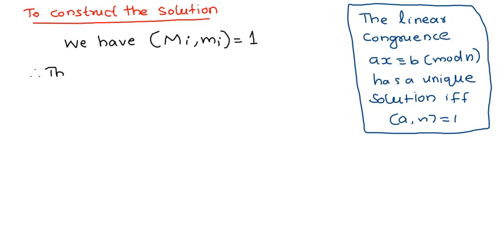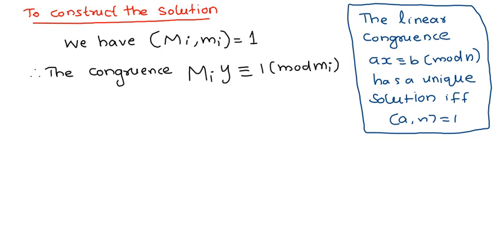Therefore, the linear congruence Mi x ≡ 1 mod mi has a unique solution. We take that solution as yi.